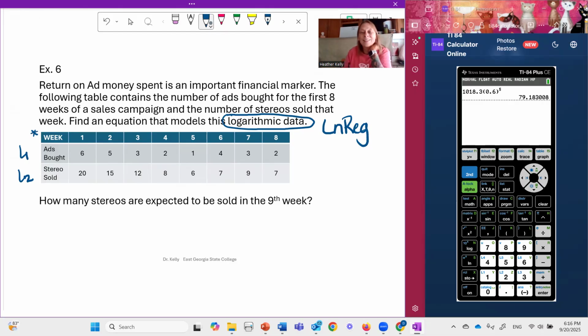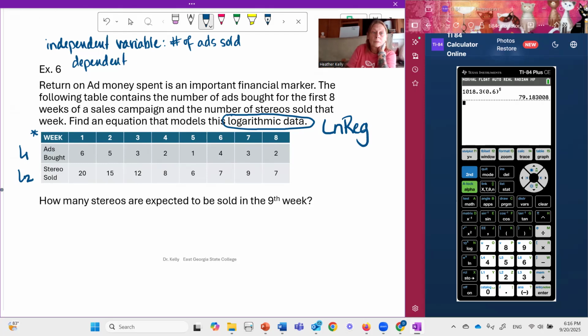This is extra data. We don't need that. That's not part of it. Our independent variable is the number of ads sold. And our dependent variable is the number of stereos.